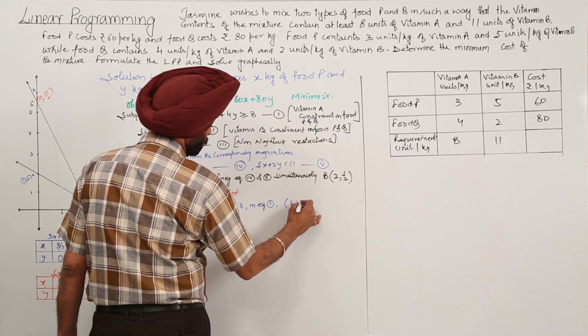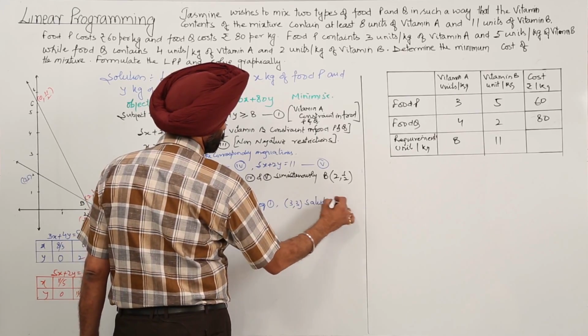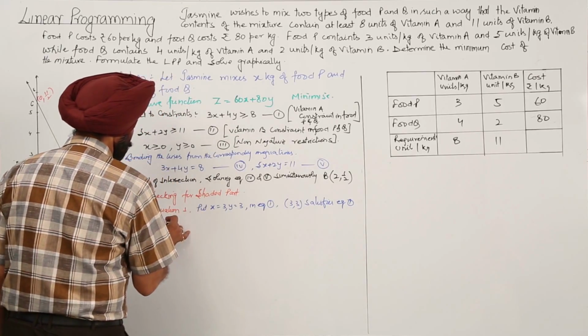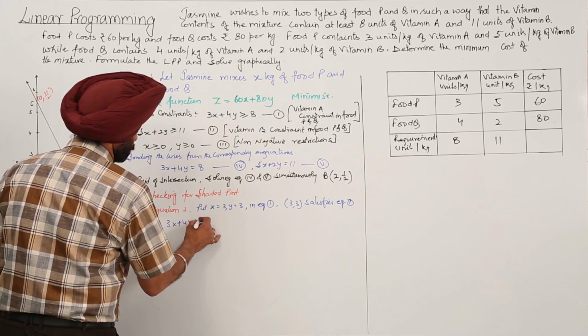Now 3 comma 3 satisfies equation 1, and it is 3x plus 4y is greater than 8.